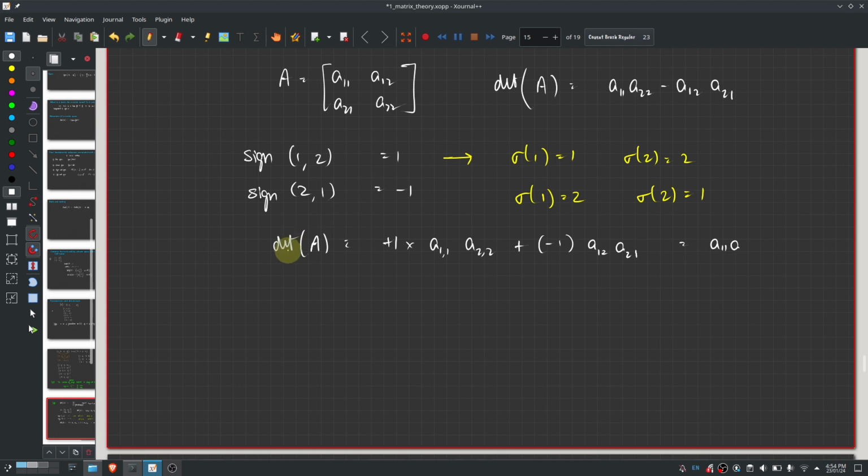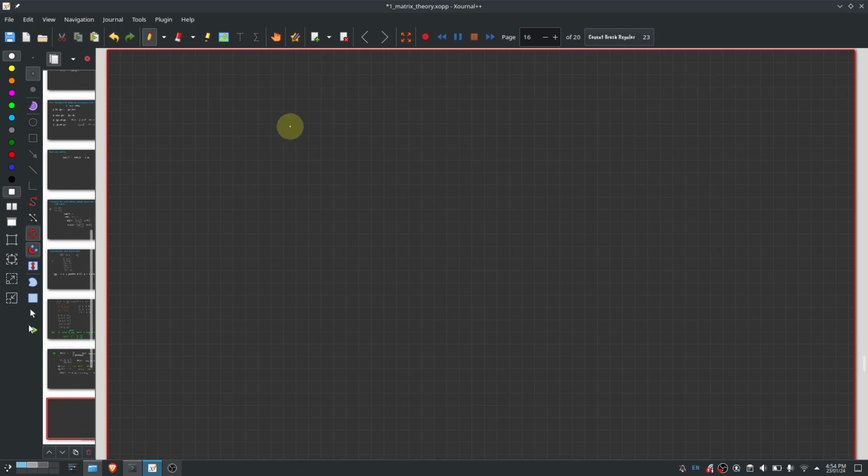So going back to the 2 by 2 case, the determinant of A just boils down to your familiar expression of A11, A22 minus A21, A12. Correct? Let's quickly do the 3 by 3 case.